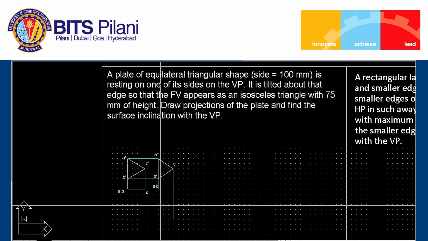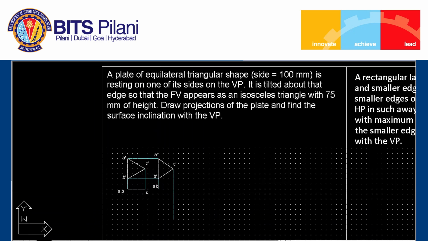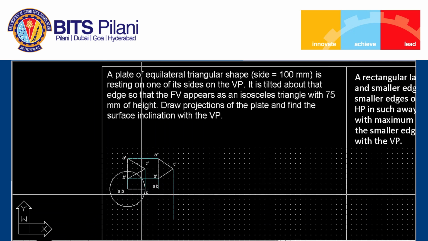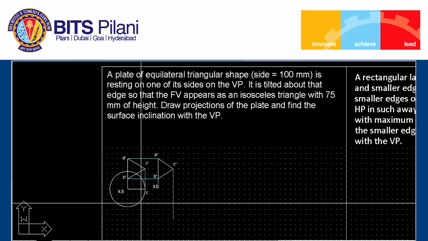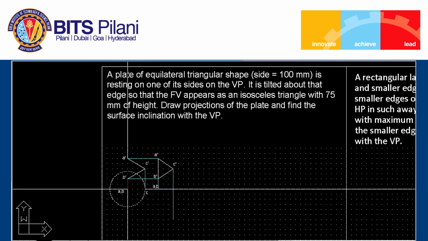So how can it be done? We can simply draw a circle and copy the circle from this point and adjust it here.